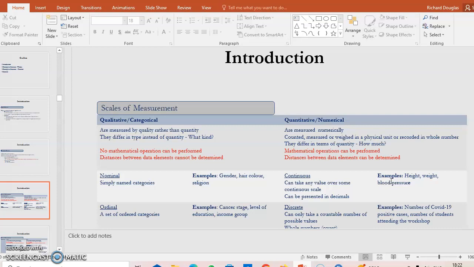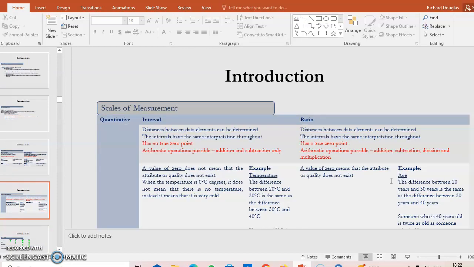Then a continuous variable, as we said, can take any value over some continuous scale and can be presented in decimals. That is the major difference between continuous and discrete variables. Continuous and discrete variables fall under quantitative, or numerical, variables in terms of measurement.